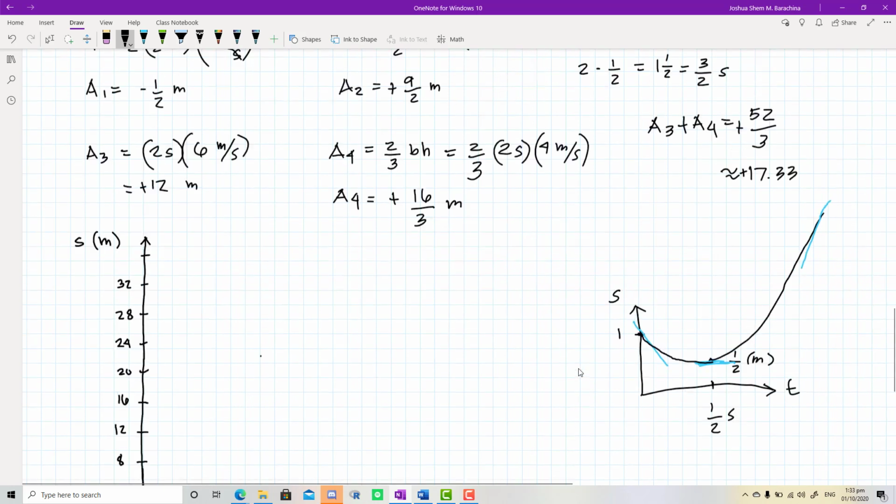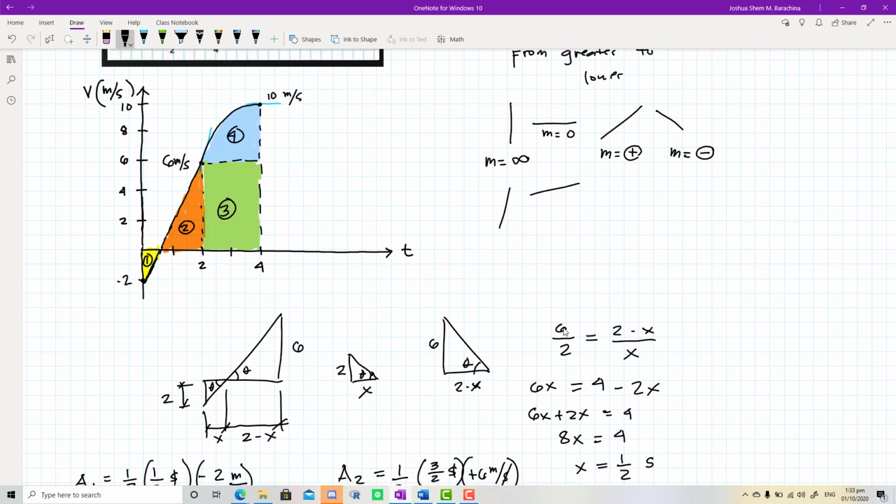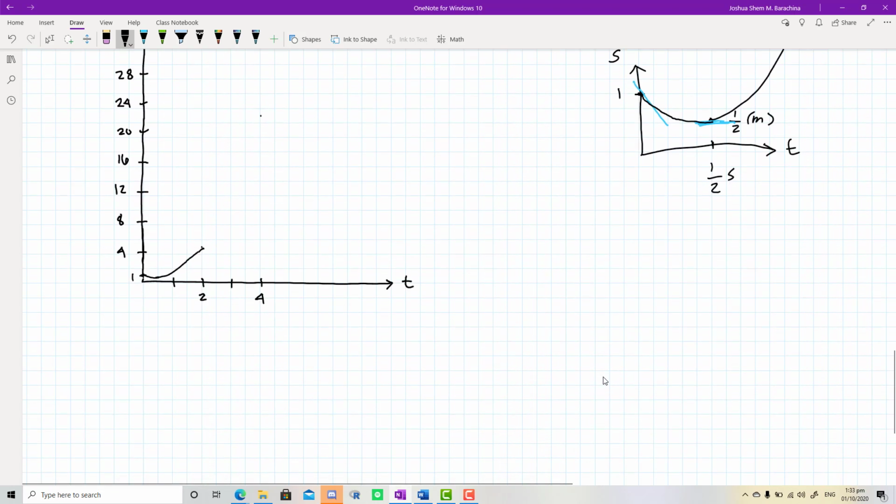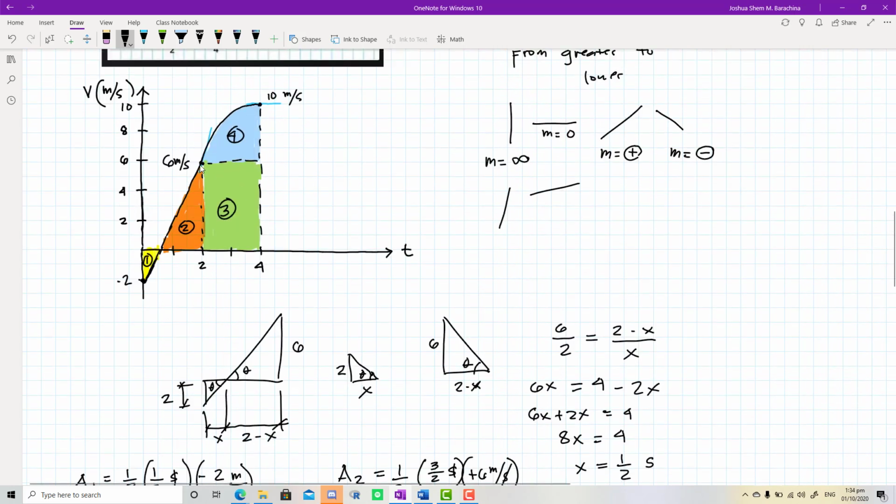For the concavity, the absolute value is increasing. It goes from a lower absolute value and increases its absolute value. So the slope will also increase. If this is your original slope, it should increase. So it will follow that slope. It increased its slope because it increased in the absolute value from the start of the region to the end of the region.